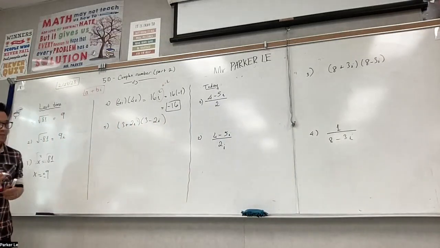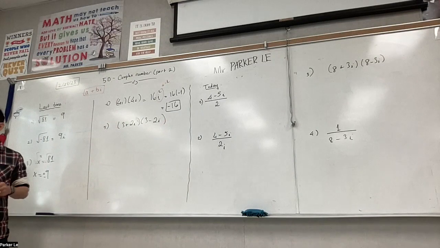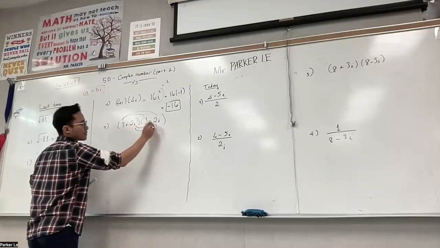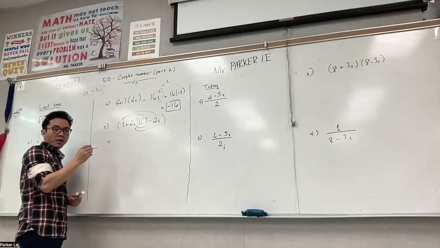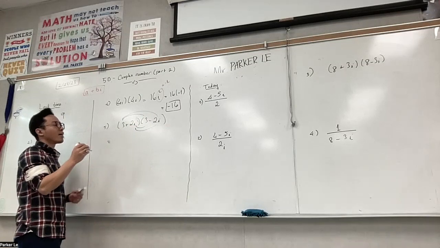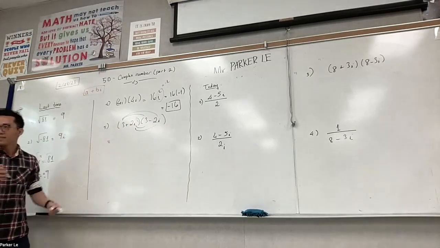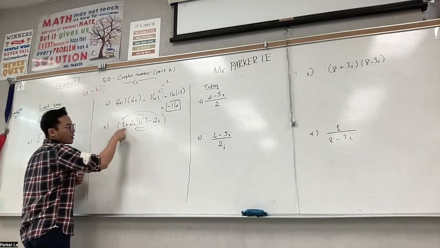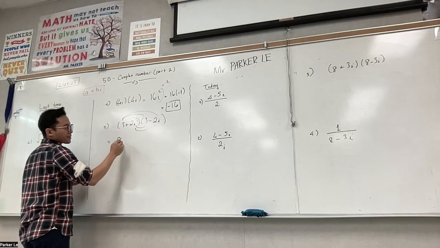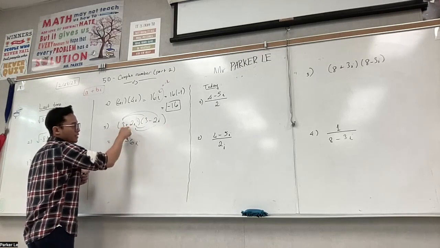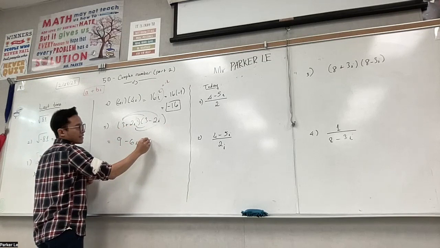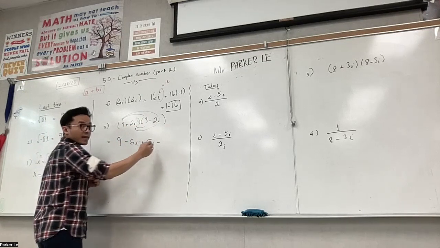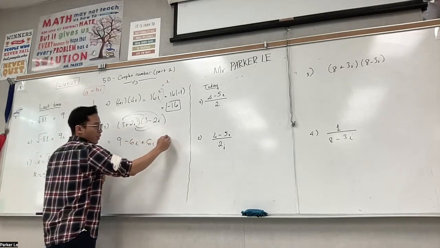Okay, number 5. You need to do the FOIL. How do you FOIL it? Okay, do this FOIL. 3 times 3 is 9, 3 times negative 2i is negative 6i. 2i times 3 is 6i. 2i times negative 2i is negative 4i squared.